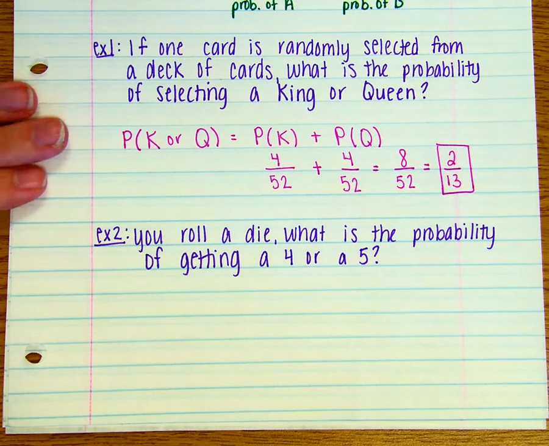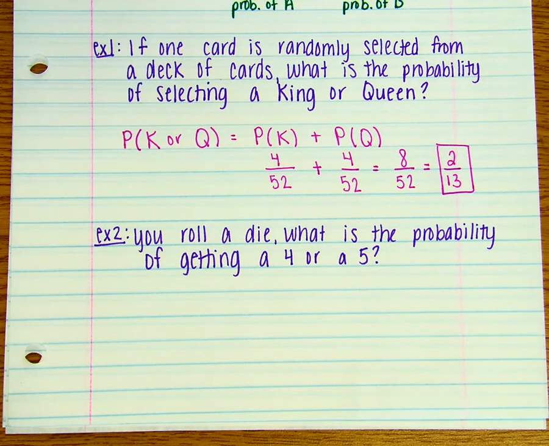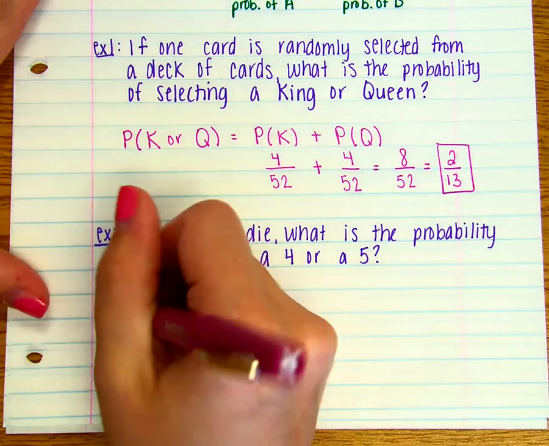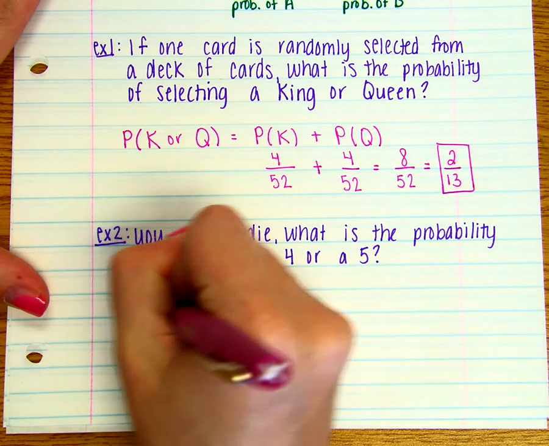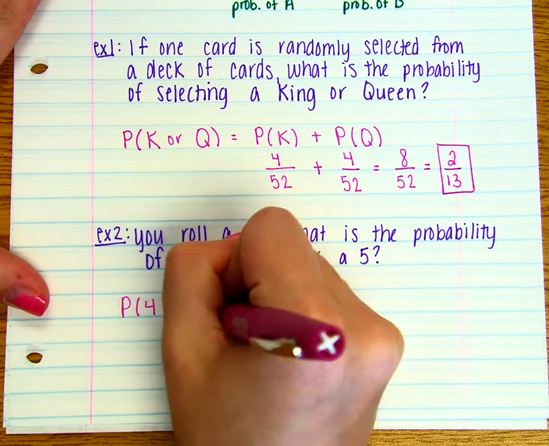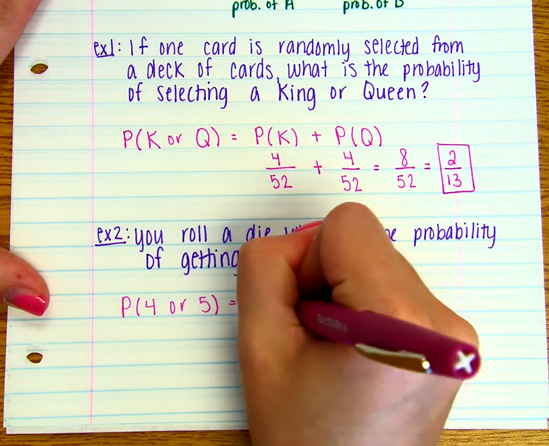So now copy down question number 2. Again, pause the video and try question number 2 on your own before you move on. Question number 2 says, you roll a dice, what is the probability of getting a 4 or a 5? So we want the probability of a 4 or 5.